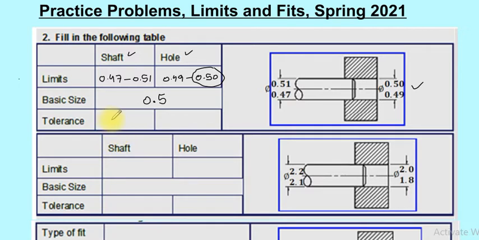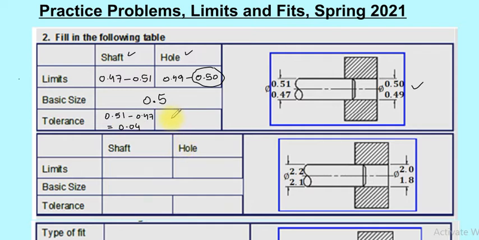And the next row is the tolerance. Tolerance is the difference between the maximum size limits of the two members. So for the shaft, if you simply subtract the minimum size from the maximum size, you will get the tolerance, which is in this case 0.04.